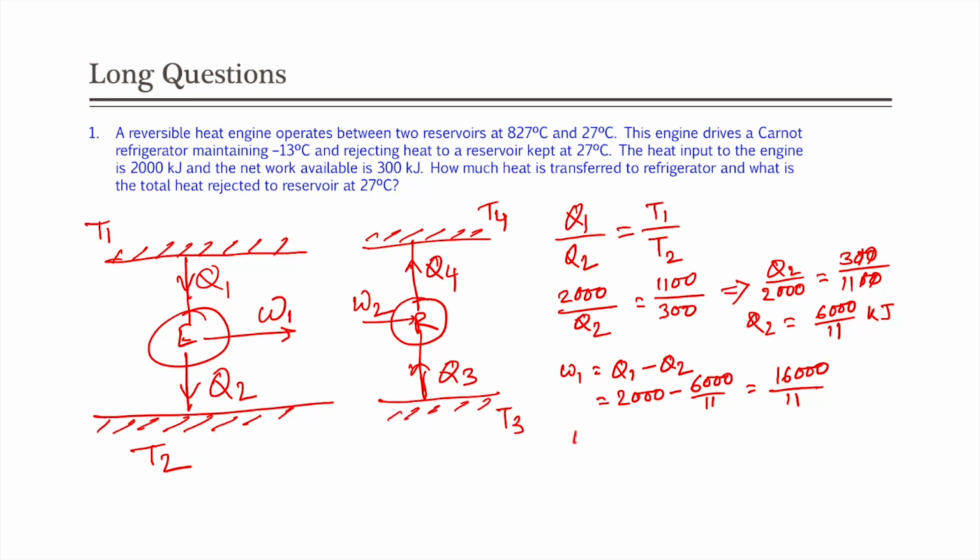So, we know the W2, which is W1 minus 300, which is 16,000 divided by 11 minus 300, which is 16,000 minus 3,300 divided by 11, which will give us 12,700.